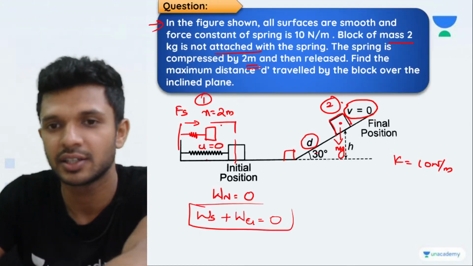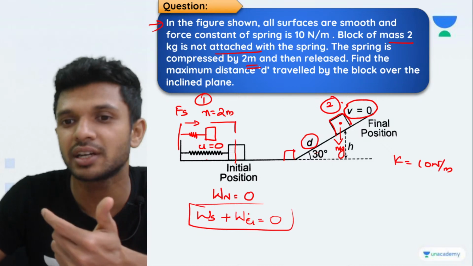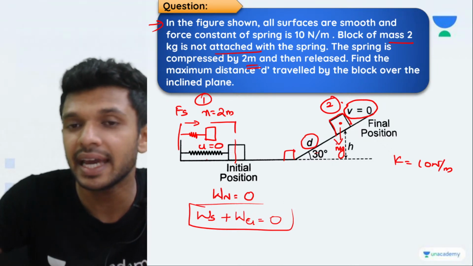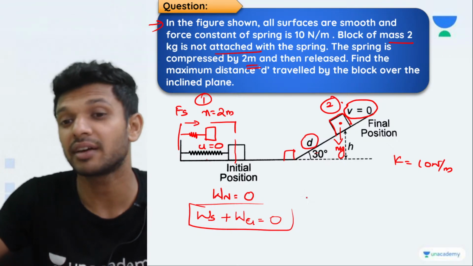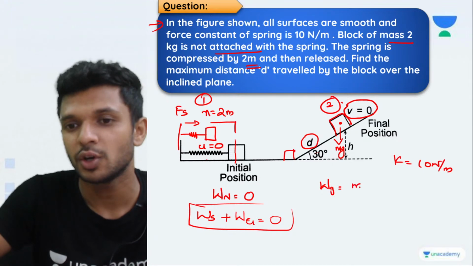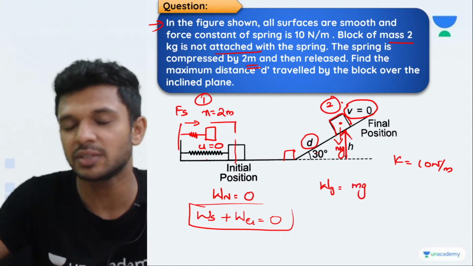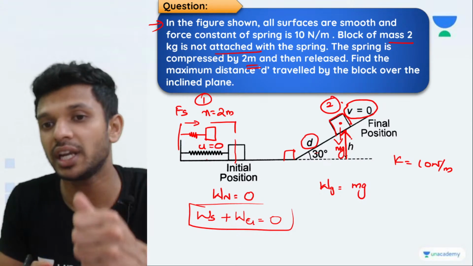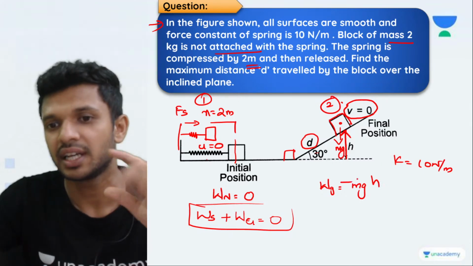And one more person is doing the work. Who is that? That is mg, which means our gravitational force. Work done by gravitation, I already told you, is force into the vertical displacement, or the displacement the body makes in the direction of force, h, with a negative sign.